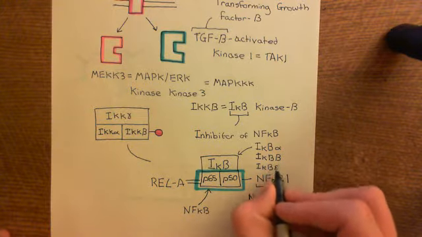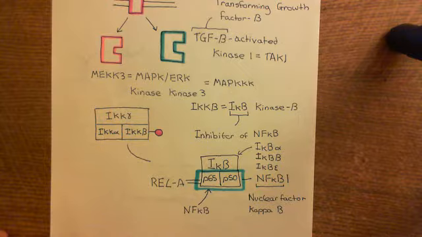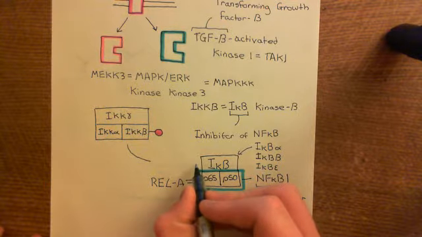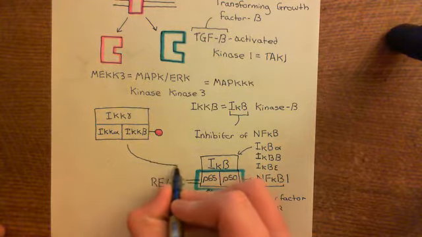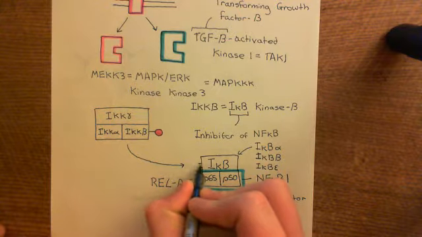Okay, so these are 3 examples of inhibitors of NF-kappa B proteins, but the main one, as I say, is this alpha one.